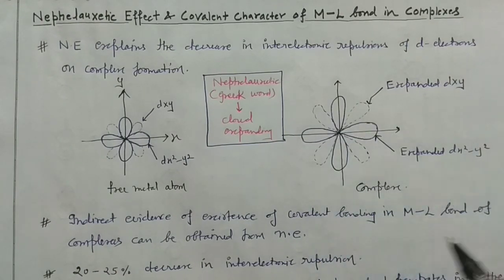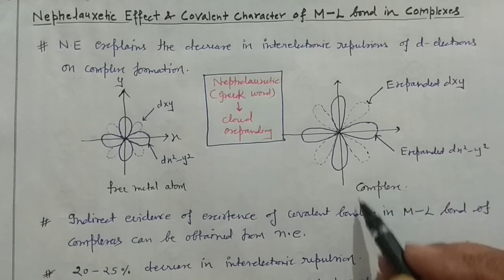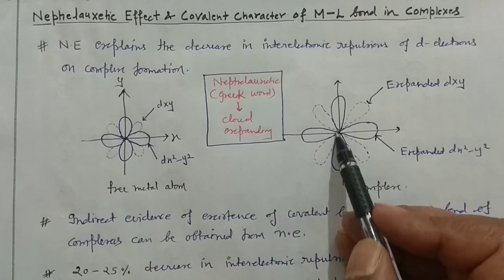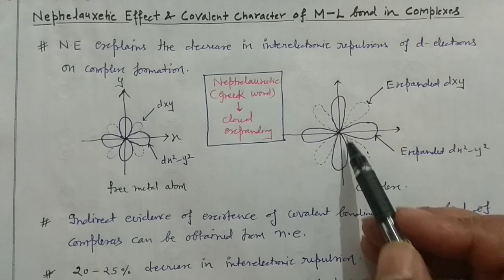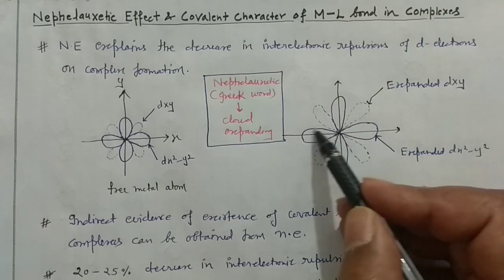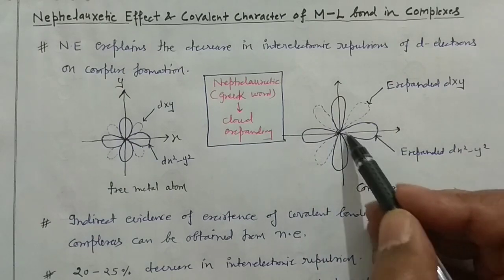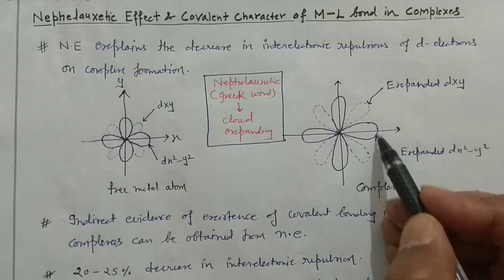When the complex is formed, you can notice that the lobes of the d orbitals are now quite bigger in size. That means their lobes are increasing in size, so they easily penetrate into the ligand's orbital.